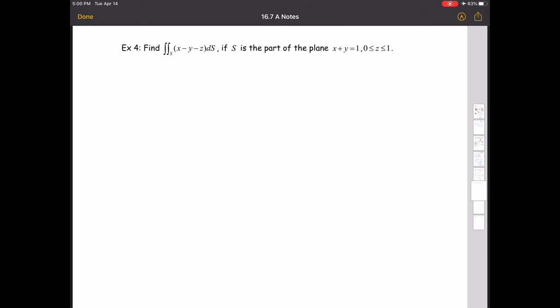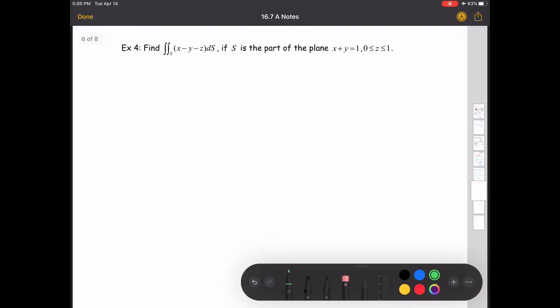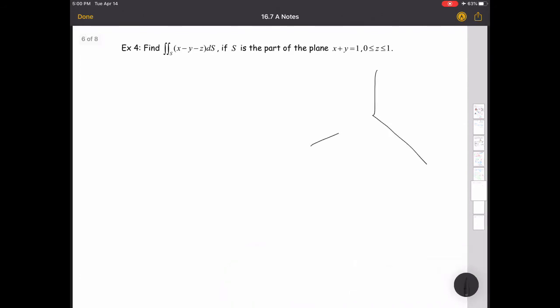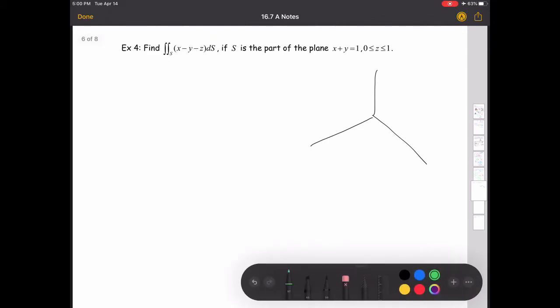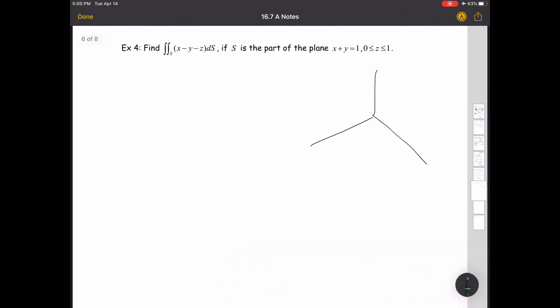So if we sketch this, see why this one actually becomes pretty simple. It says that the plane is x plus y equals 1, meaning that if x is 0, y is 1. So we'll put that there. If y is 0, x is 1. And it says z goes from 0 to 1.